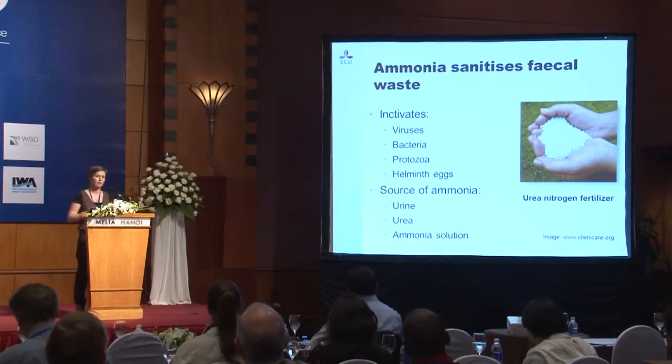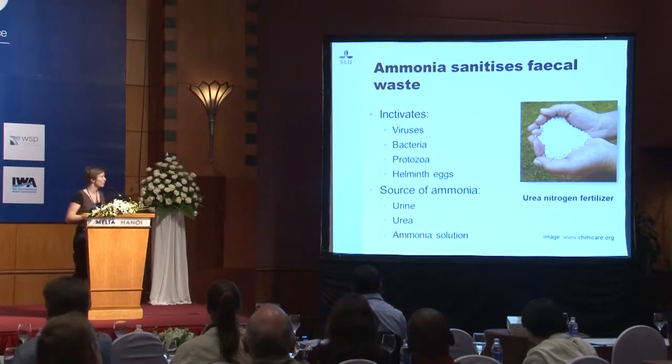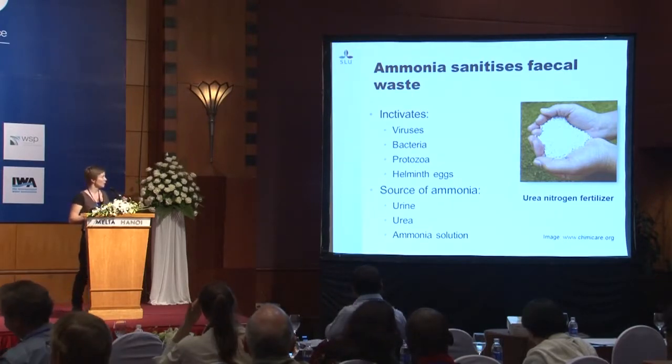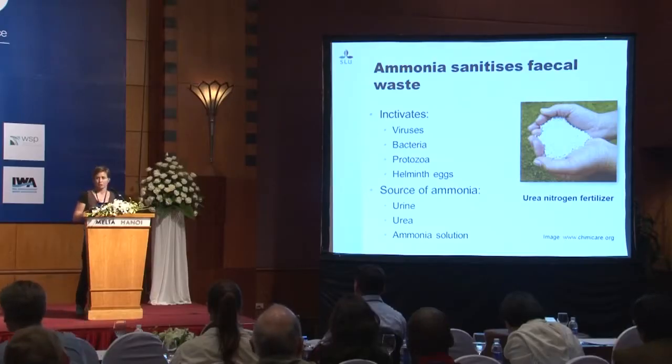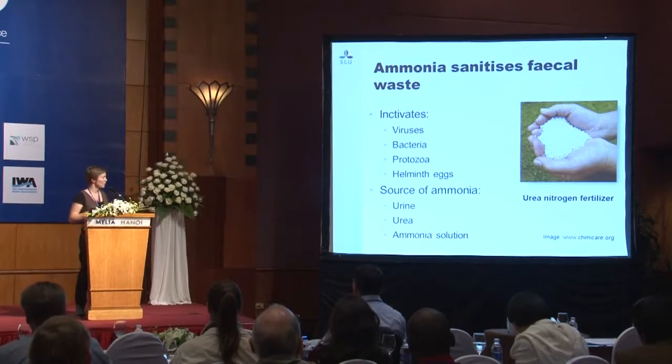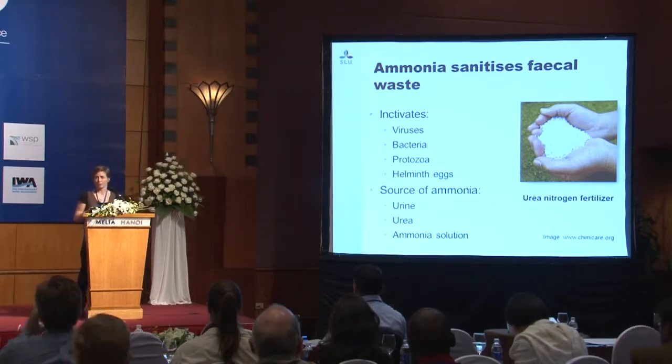So ammonia is quite well known to sanitize, to inactivate pathogens from different groups, including viruses, bacteria, protozoa, and helminth eggs. The source of ammonia can be urine, or it can be added as urea, which is the most common nitrogen fertilizer globally, or it can be added as ammonia solution.